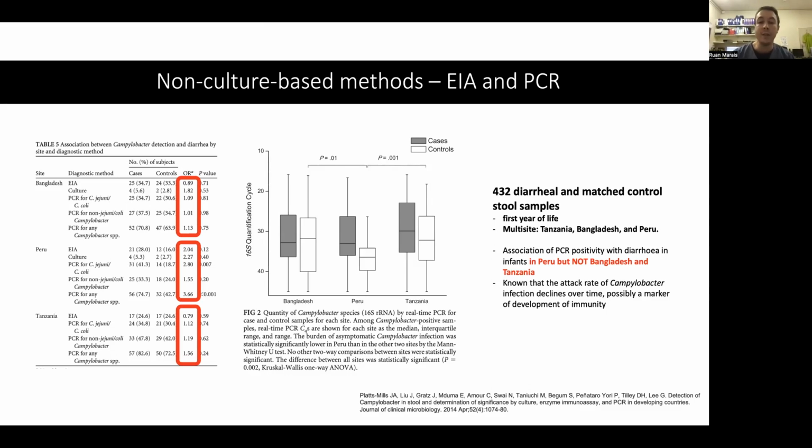But they did find an association in Peru. And that's possibly due to the known declining attack rate of Campylobacter over time, and possibly this indicates that natural immunity develops over time, but also develops at different ages depending on the setting.